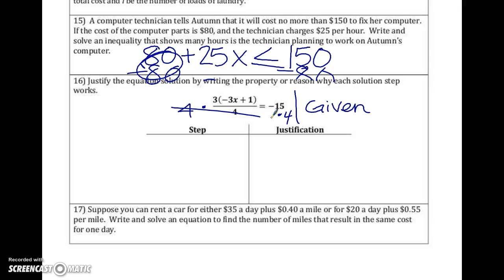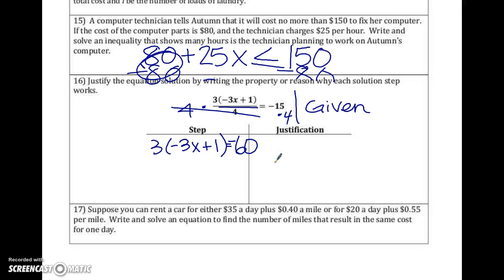So the 4's cancel, and we'd be left with 3 times negative 3x plus 1. Because there was a big divide taking over the whole problem, the first thing to do is get rid of it by multiplying. And then we've got equals negative 60. I didn't give myself enough room, but there you go.